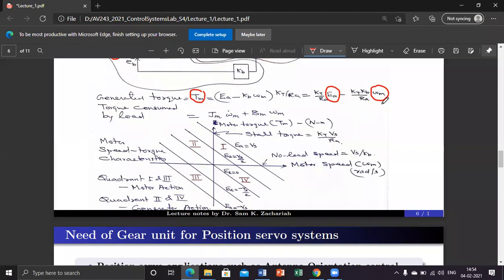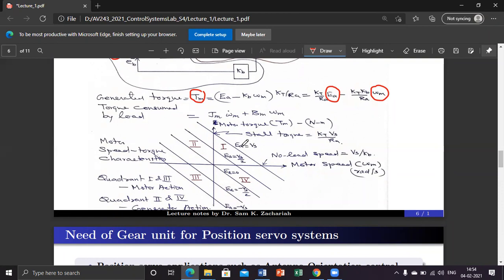The independent variable x here is omega m, and Tm is the output variable. So this axis is the omega m axis, and this axis is the torque axis.